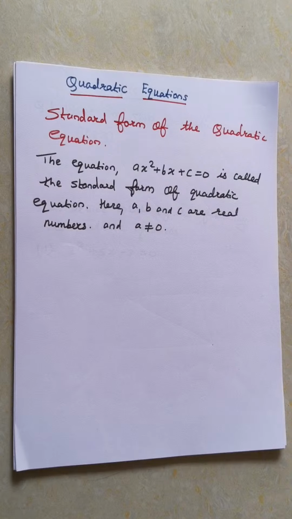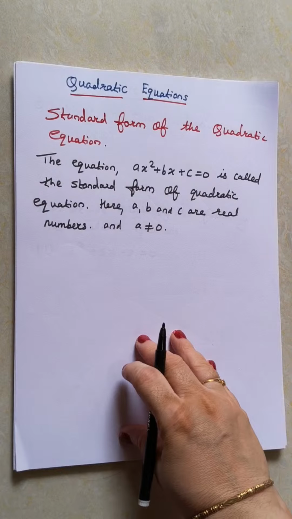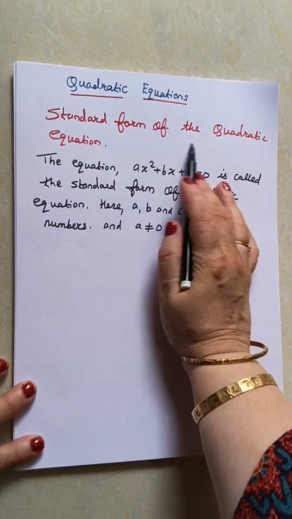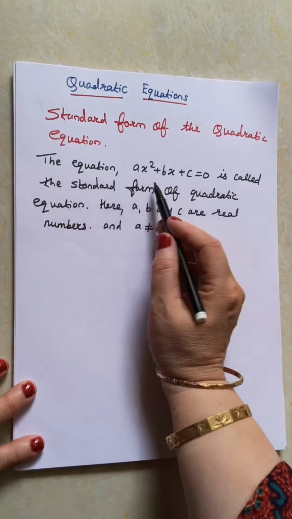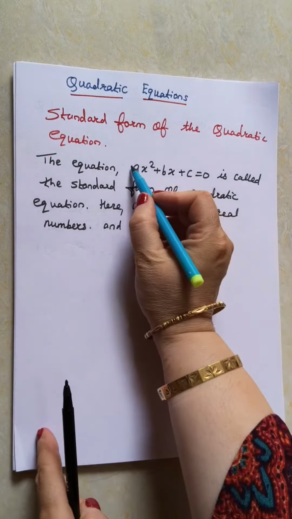So let's move towards the first point. What is the first point of today's chapter, that is quadratic equation? The first thing we are going to study is the standard form. What is called the standard form of a quadratic equation? If you concentrate, it will be better for you. See, the standard form of quadratic equation. You can see here, that is ax square plus bx plus c.